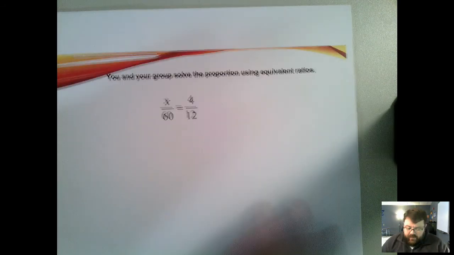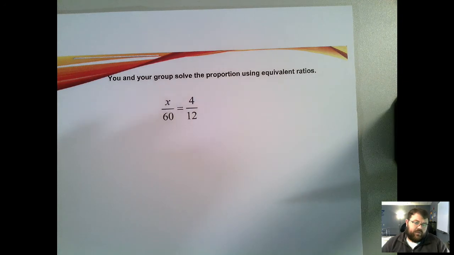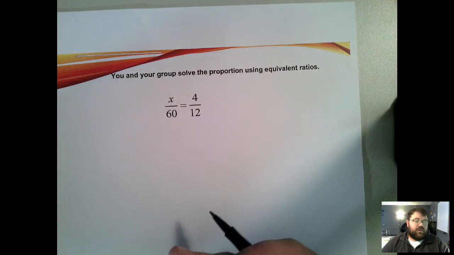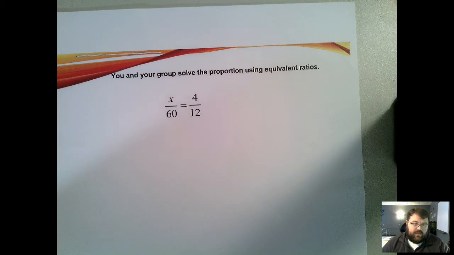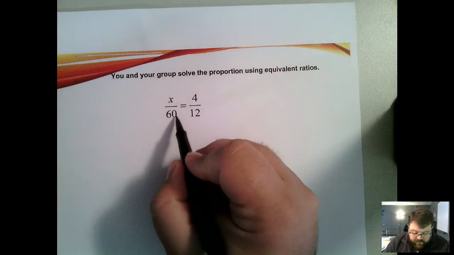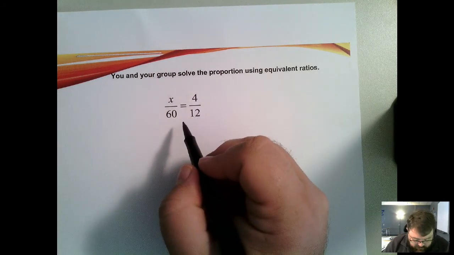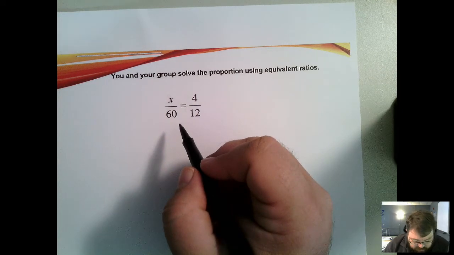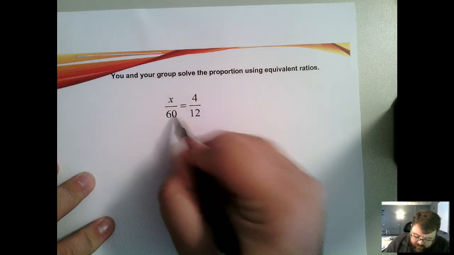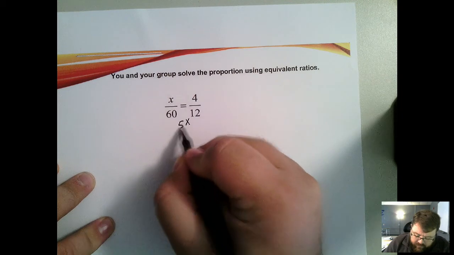Alright, here we have another one. Again, pause the video. See if you get the same thing that I do. There will not be an Ed puzzle question over this. Alright, next, I see that the 12 and the 60 are both given to me. And I'm thinking, okay, what times 12 gives me 60, and that's times 5.